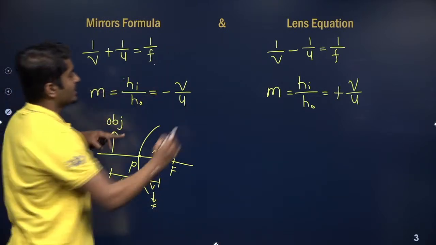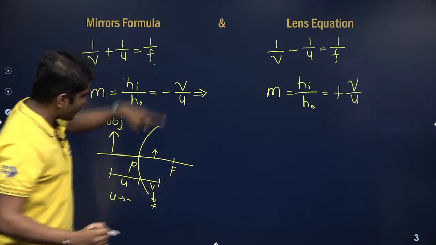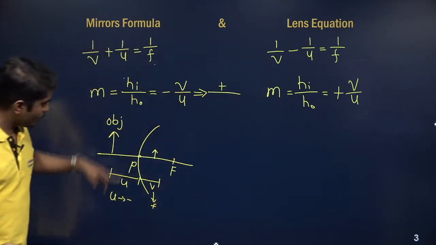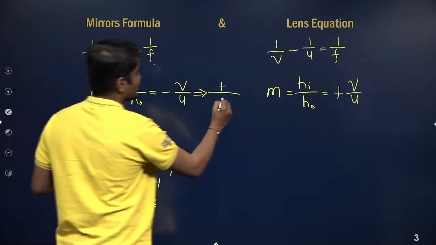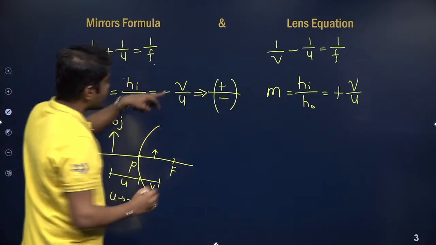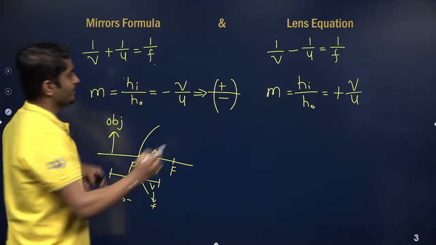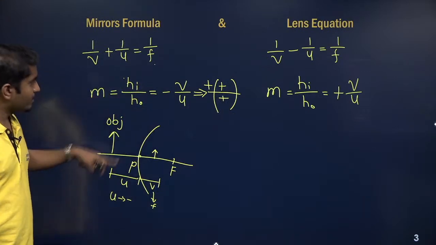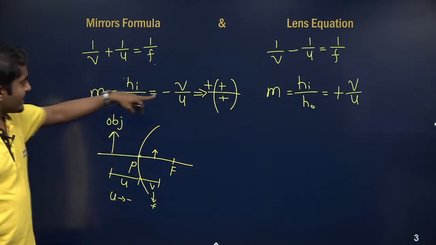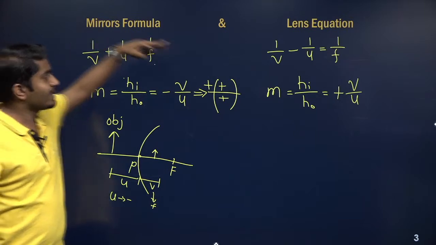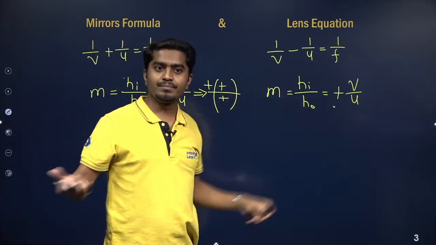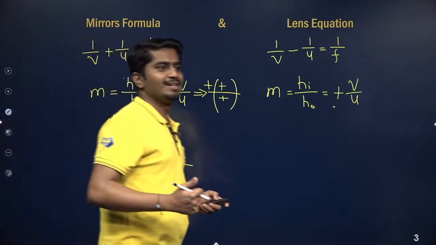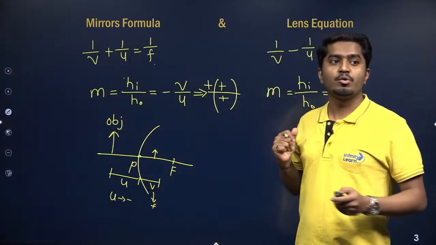So v is positive, divided by u, which is negative, and this is multiplied by a minus sign. So the minus minus will cancel out, and that is how the magnification would be positive. So there is a negative sign for the mirror and a positive sign for the lens. Clear? Easy. Okay, let's solve some questions now.